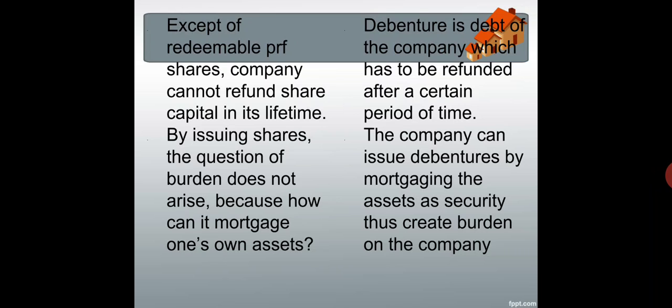Then the second point. The right to receive dividend and refund of capital at the time of liquidation of the company, after the preference shareholders have been paid off, is known as equity shares.